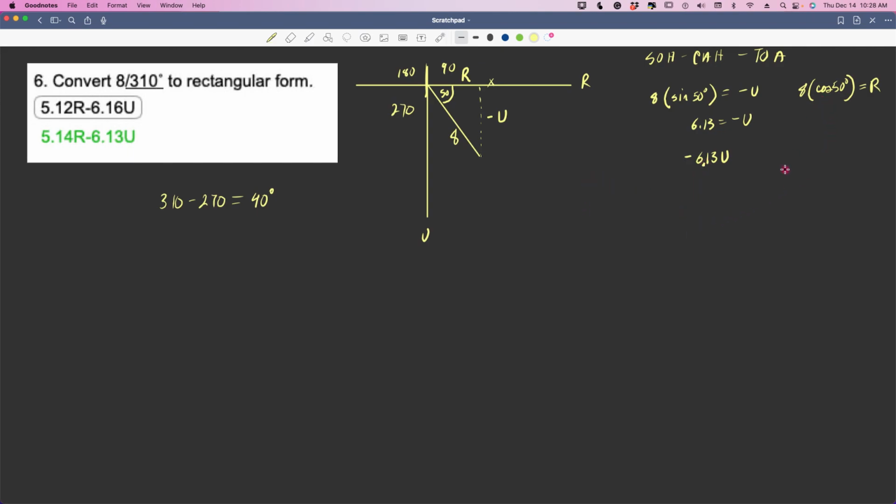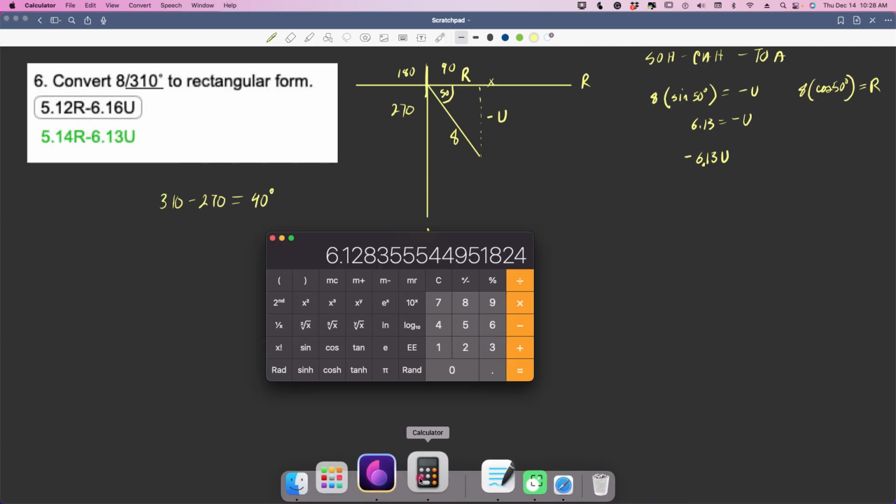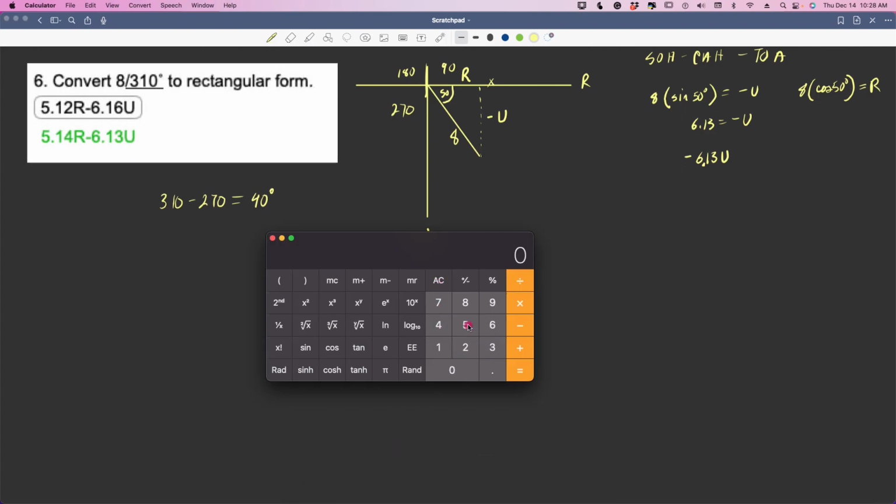And then here, let me look at this again. So if you said 50 sine, and you just took 0.76, so let's do that, 0.76 times 8. No, that would not give you the right number either.